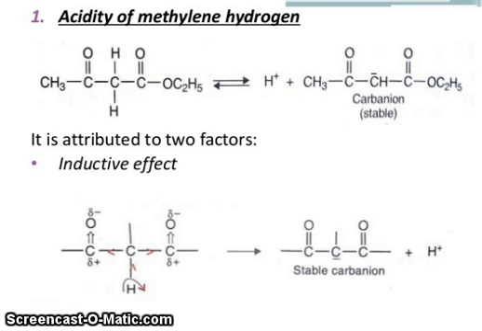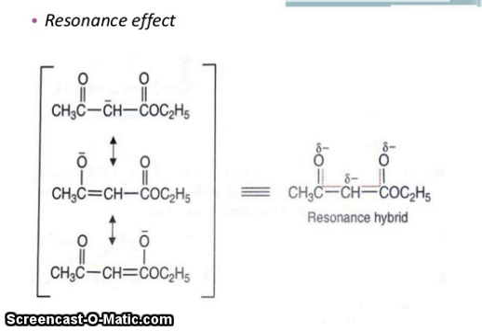Acidity of methylene hydrogens, you can see here, is due to carbanion stability. It is attributed to two factors. First, the inductive effect, you can see the inductive effect and a stable carbanion. Another is the resonance effect. This is resonance stabilized, and this is the structure of the resonance hybrid.